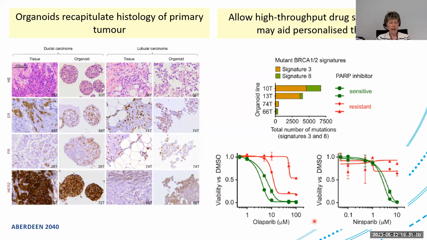And then using 2 different PARP inhibitors, olaparib or niraparib, they were able to show that the PDOs also showed the same response in terms of sensitivity. In this case, they were sensitive to olaparib, but not to the niraparib PARP inhibitors. So there is the potential that these organoids could be used in drug screens, and they could be used to inform personalised therapy in future.